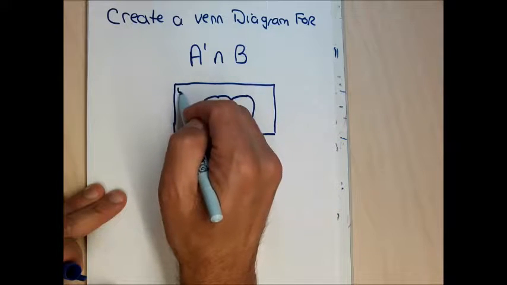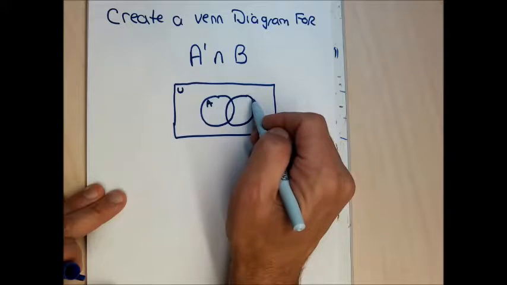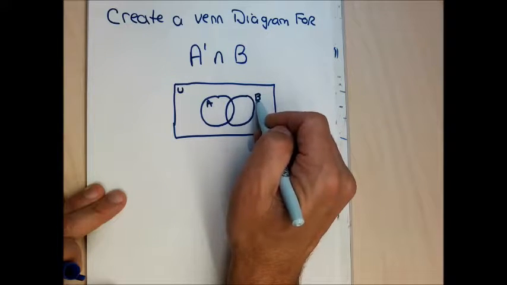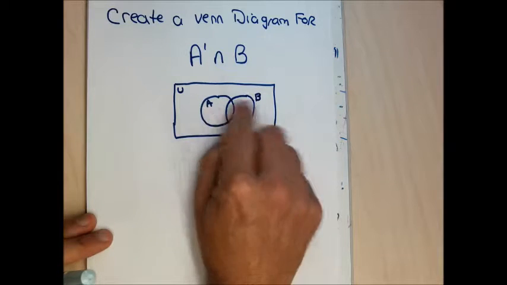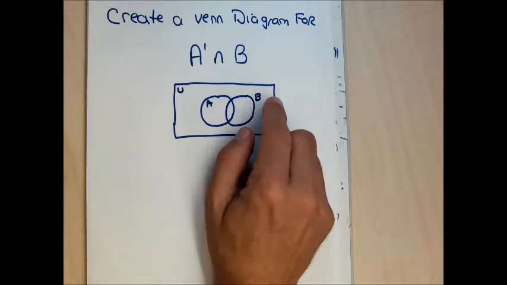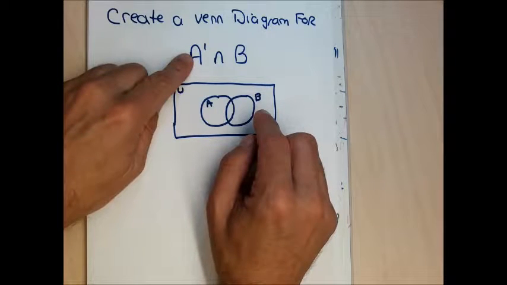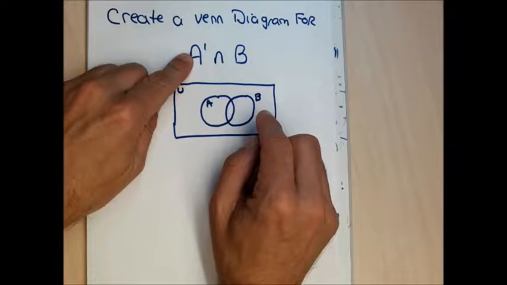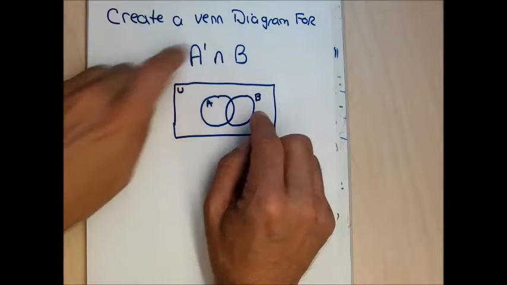So here's my universal set. Here's my set A. Here's my set B. I put A inside the circle and B outside the circle, I just thought it was going to be smart because when I go to draw A complement, I need to draw everything outside the A circle. And then when I go to draw B, it's everything inside the B circle.